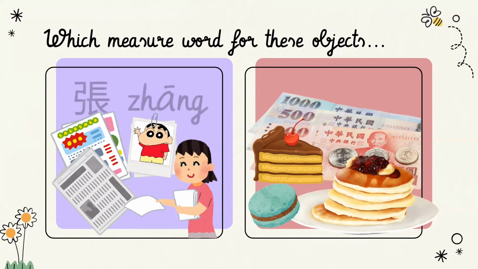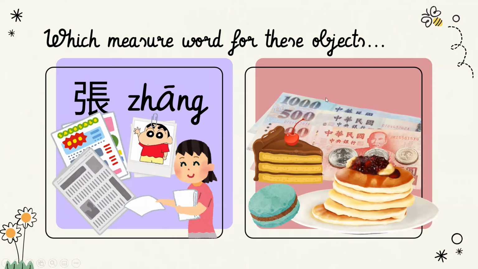We will use 张. Remember, we have to curl your tongue when you pronounce 张. 一张照片，一张传单，一张报纸，一张纸.